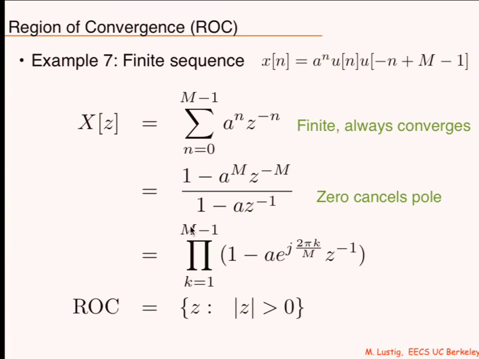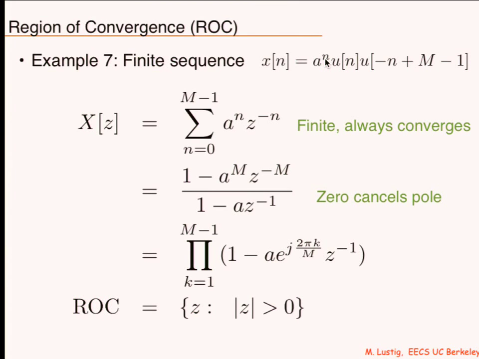Okay, so let's look at a different one. Let's look at a finite sequence. This is a finite sequence: a to the power of n, u of n. And the question is, what's the region of convergence? So what's its z transform? The answer is that first of all, it's finite, and if it's finite, it's always going to converge.